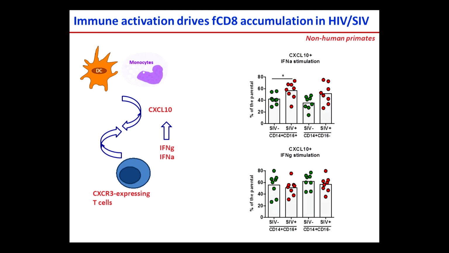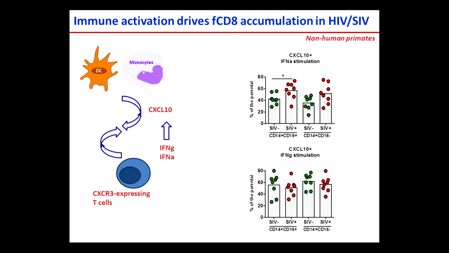So what we asked is, after interferon alpha stimulation or interferon gamma stimulation, could we see CXCL10 expression in either CD14, CD16 positive, double positive monocytes, or just CD14 positive monocytes from SIV uninfected or infected monkeys.